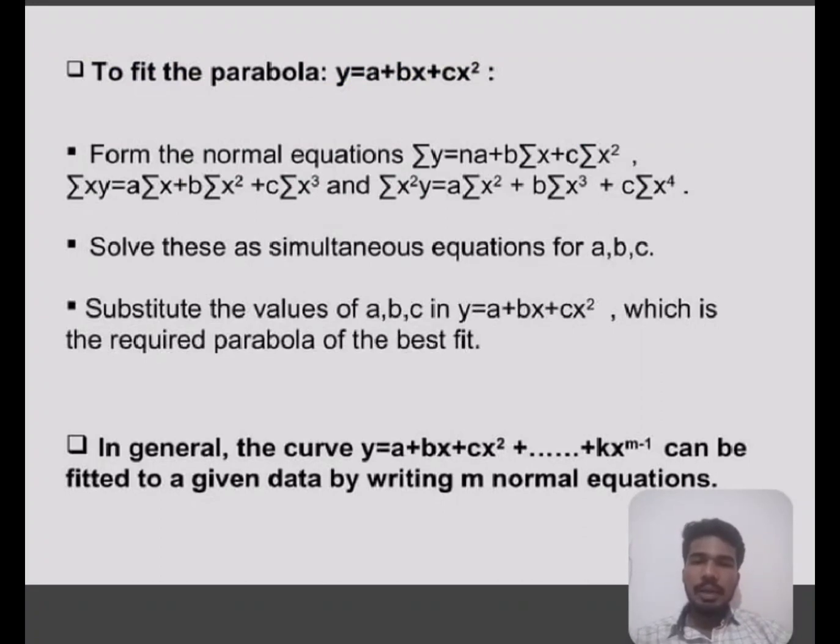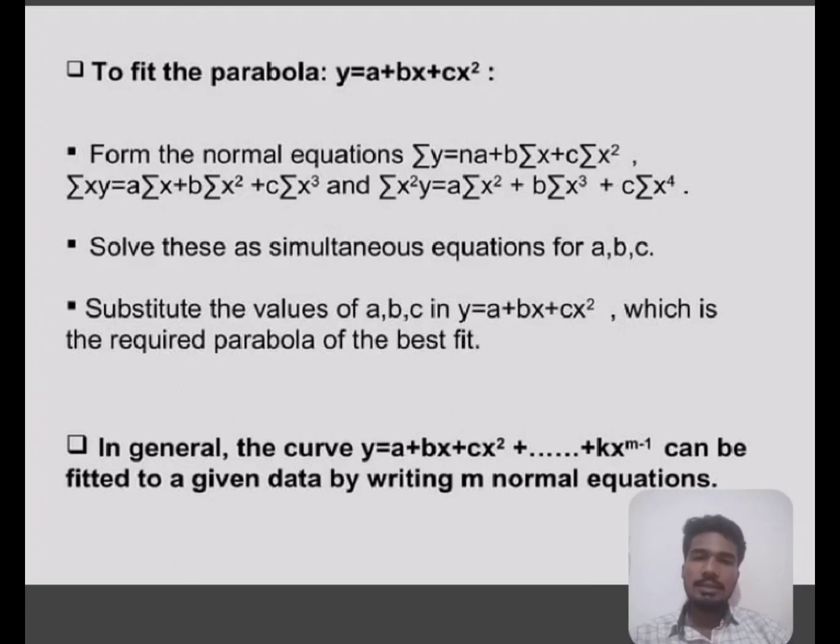To fit the parabola y equals a plus bx plus cx square, form the normal equations: summation y equals na plus b summation x plus c summation x square, summation xy equals a summation x plus b summation x square plus c summation x cube, and summation x square y equals a summation x square plus b summation x cube plus c summation x to the power 4.